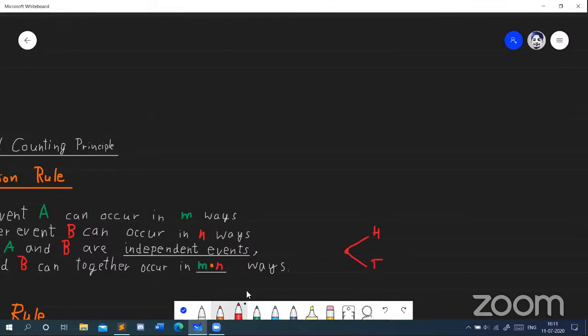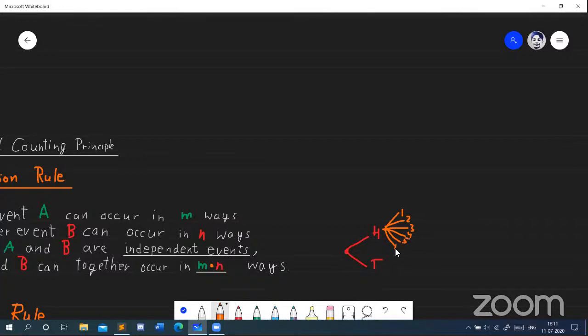And then I can decide, okay, fine. Now I'll roll the die, and I can get 6 possibilities, corresponding to 1, 2, 3, 4, 5, and 6.